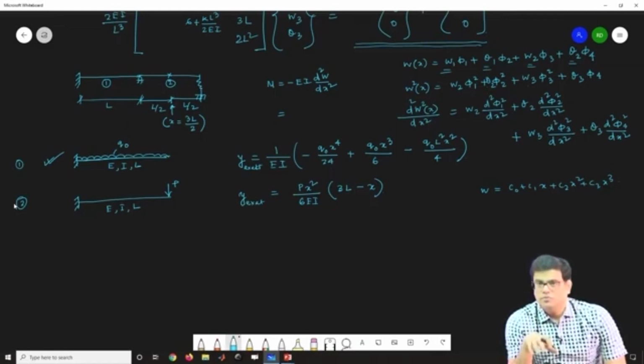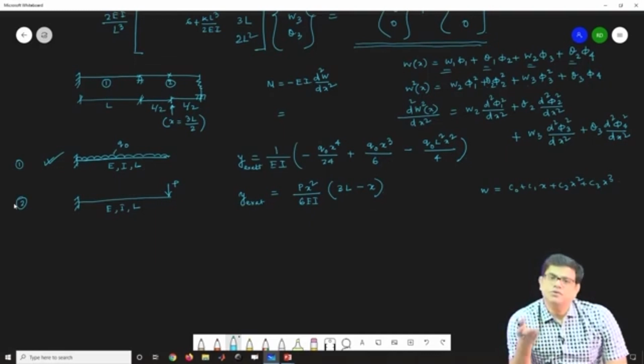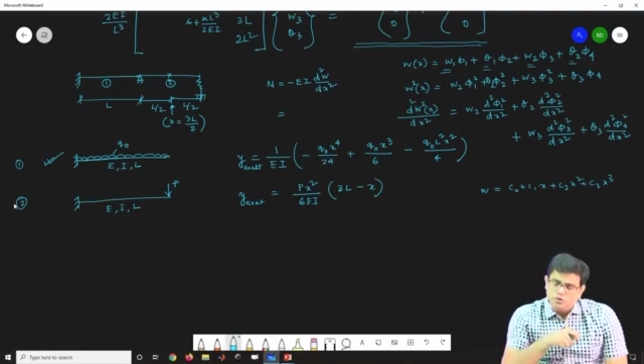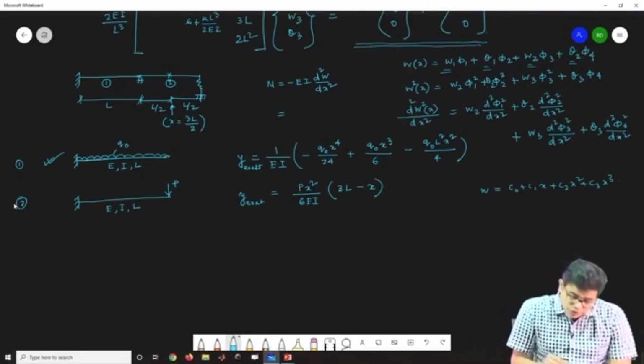On the other hand, finite element solutions like the direct stiffness matrix method that we have used are very flexible. That's the idea behind using this technique, and it is applicable to higher dimensions also, which we will see in due course of time.